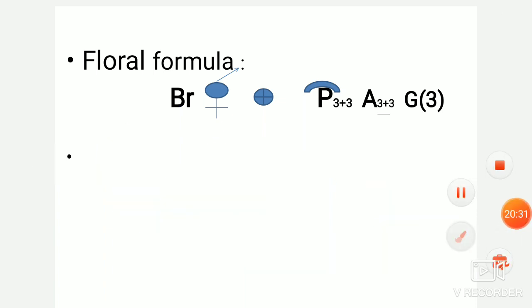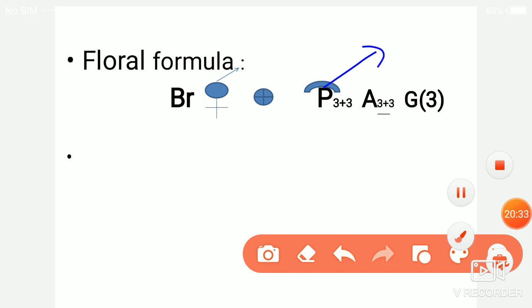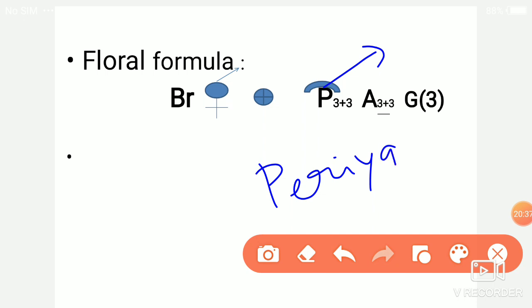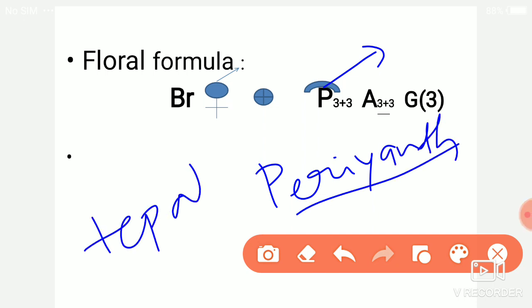Such a flower is considered as actinomorphic flower. You can see another letter, that is P. P means perianth. So perianth in the sense tepals are present, not petals or sepals. How many tepals are there? 6 are there, in 3 plus 3 arrangement.